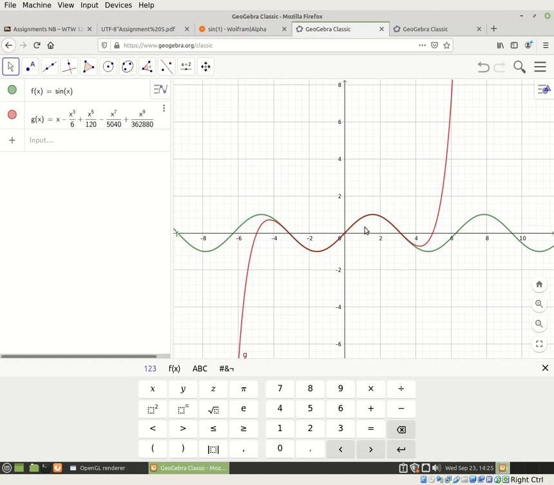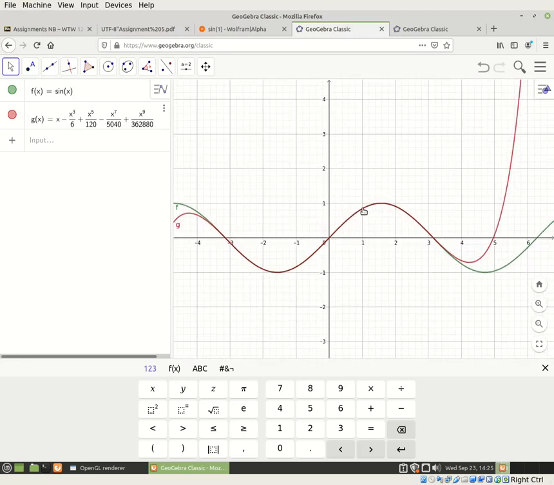So somehow, we don't know how to find these polynomials, but if we can find them, then if we want an approximation for the sine of 1, instead of plugging it into the sine function, which is geometrically defined, so it's very difficult to find a value for the sine of 1, we can take this red function, which is just a polynomial, plug 1 in for x, and obtain an approximation for the sine of 1.